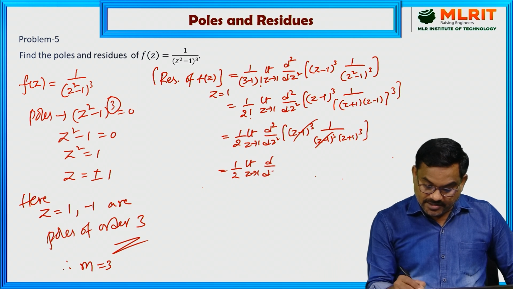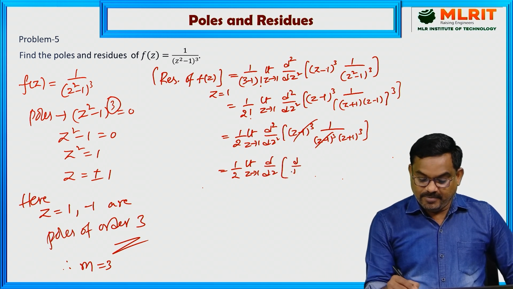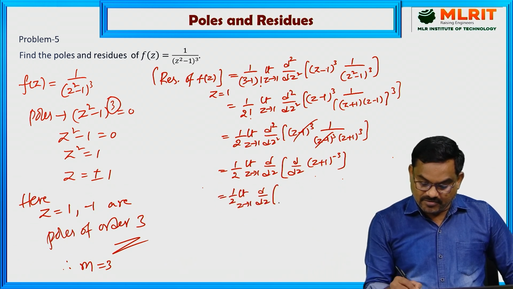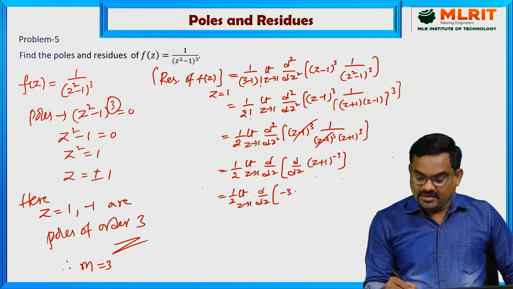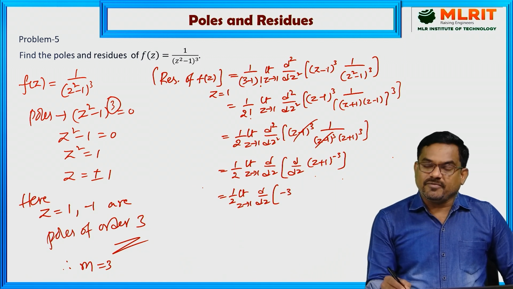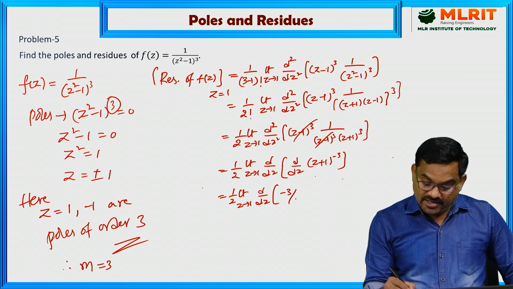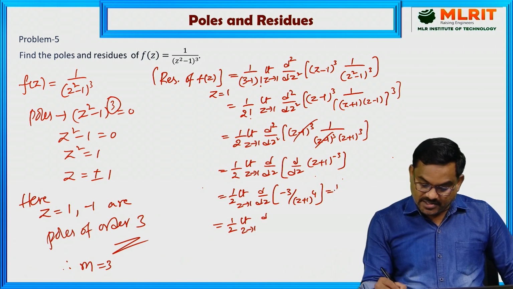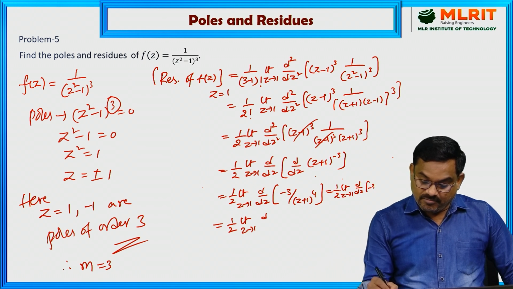The first derivative, d by dz of (z plus 1) power minus 3, gives half into limit z tends to 1 of minus 3 into (z plus 1) power minus 3 minus 1, so minus 3 by (z plus 1) power 4. Now again differentiating, half limit z tends to 1 d by dz of minus 3 (z plus 1) power minus 4.